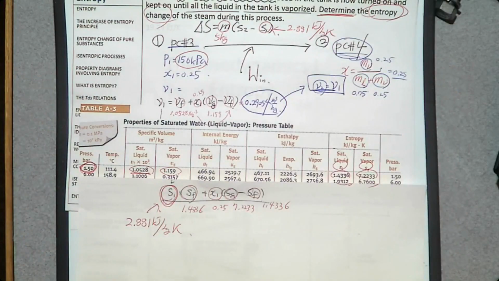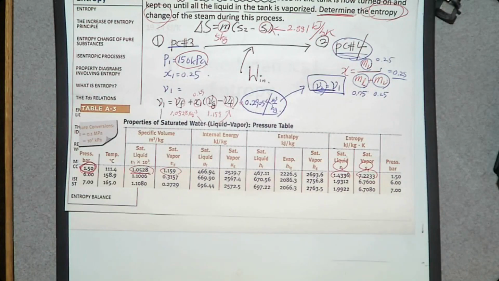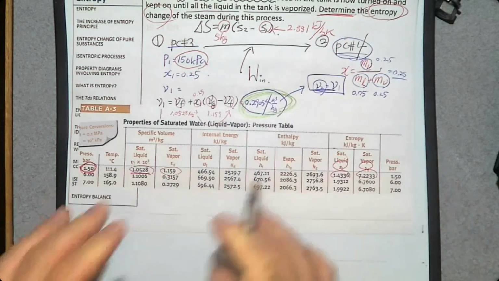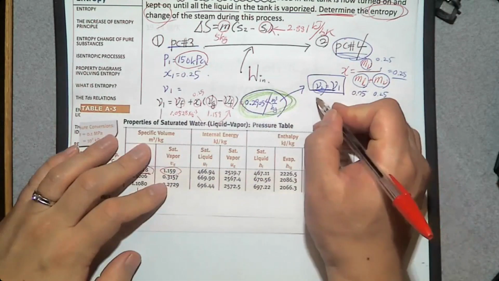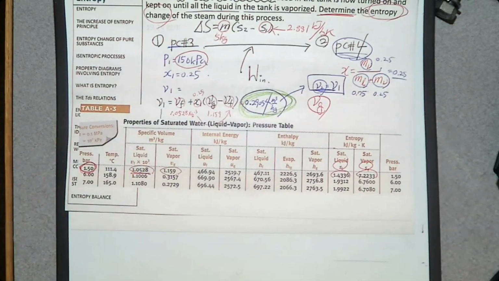What about the specific entropy at the final state? We can evaluate that because we know the specific volume and it is saturated vapor. So where is saturated vapor on this table? We have this clue. This is the specific volume. It is saturated vapor, so this specific volume is not just V2, it is VG, right? Where is VG?